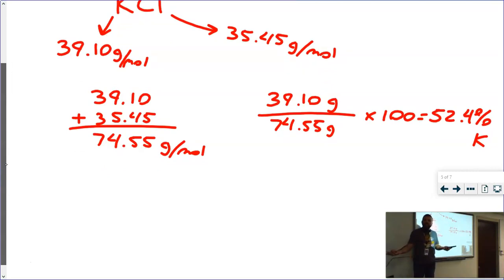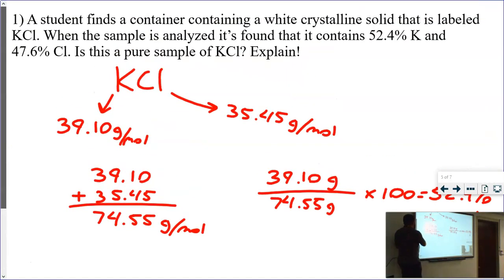So they match. So here's the deal. I could do the math for chlorine as well, right? If I took 35.45 and divided it by 74.55, and I'll just do it, I get 47.6%. Well, if I go up, that's what's in the problem too, right? There's only 2 things present, so I don't really need to show the second part, because once I know the percentage of one of them, I can just take 100 minus that percentage to find the percentage of the other, all right?